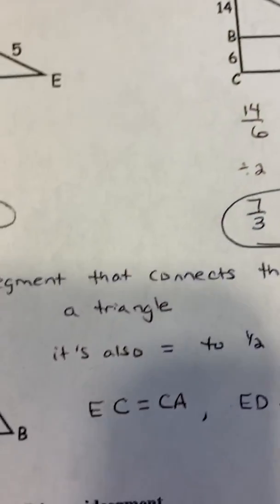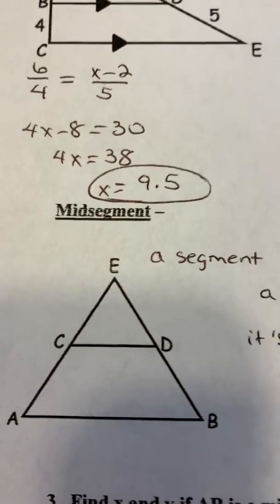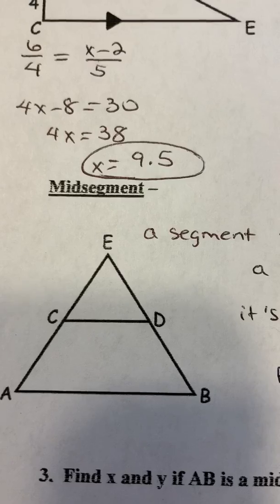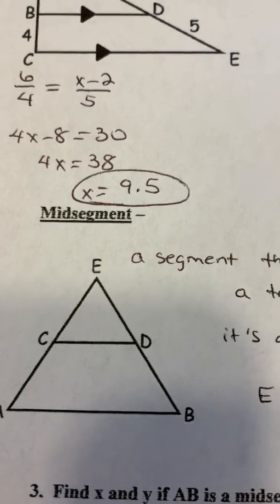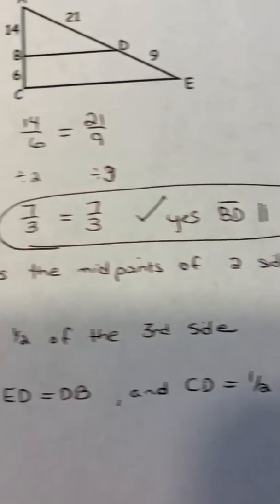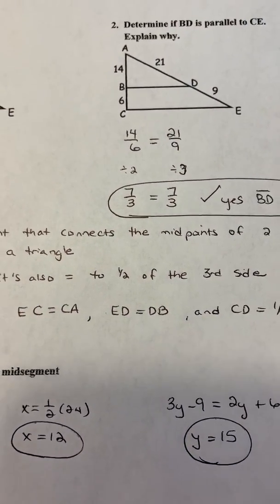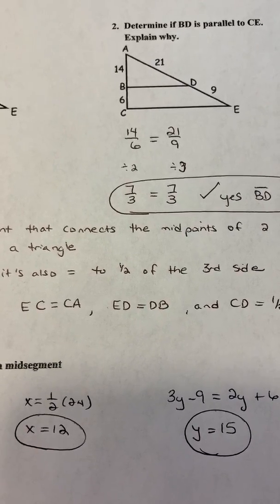Moving on to the definition of mid-segment. If you notice your picture here, the mid-segment is CD. That's what they're referring to, CD. A mid-segment is a segment that connects the midpoints of two sides of a triangle. I'm going to pull out a little bit here so you can see the whole thing. It's also equal to 1/2 of the third side.